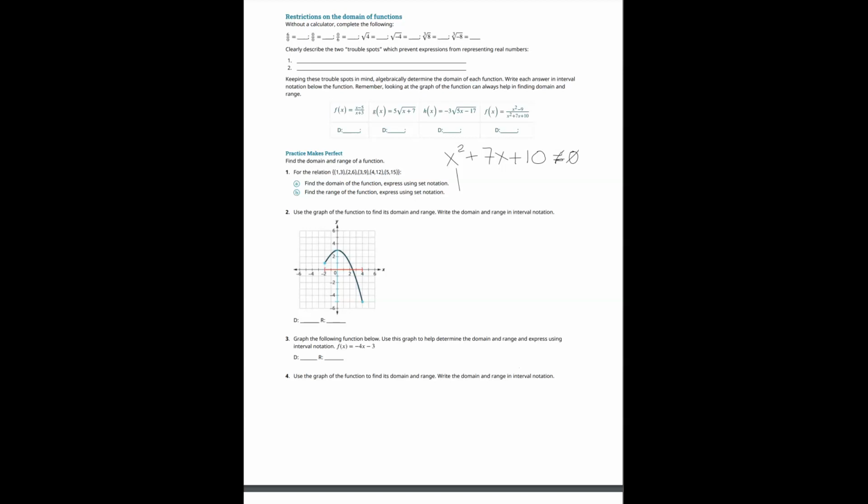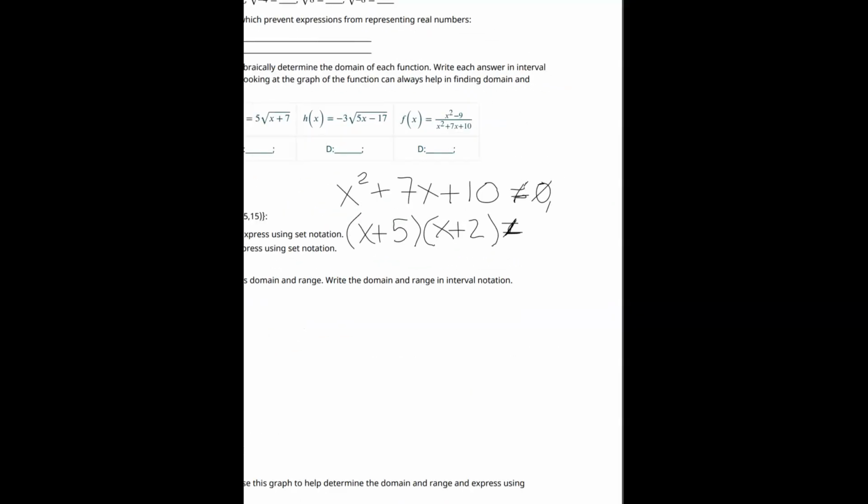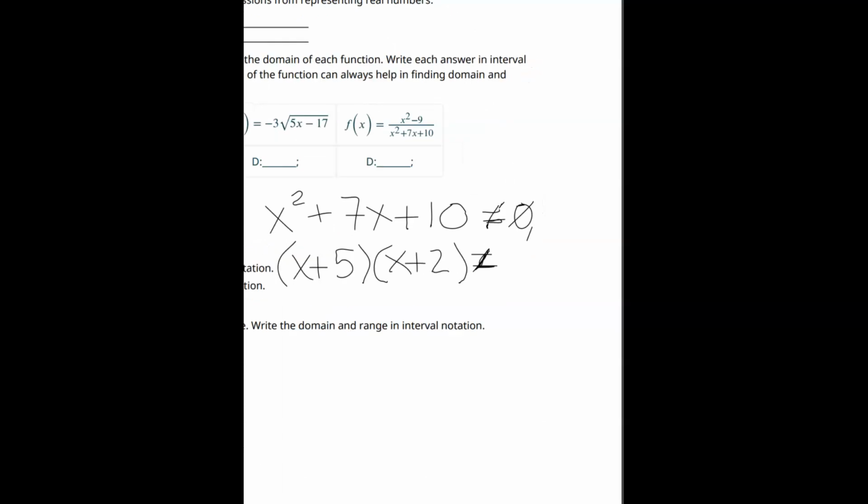So x plus 2 and x plus 5. This is usually a pretty quick process, but not on this tablet. And both of these cannot equal 0. All right, we're just going to end it there because y'all know how to go from there.